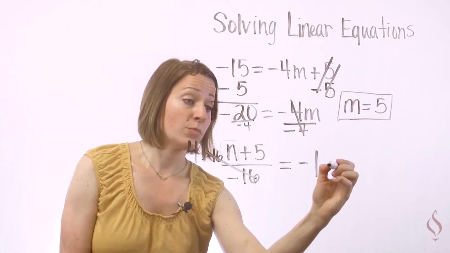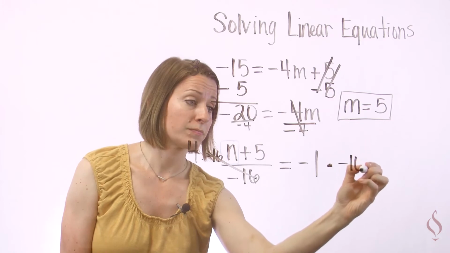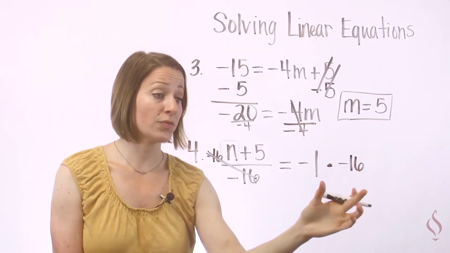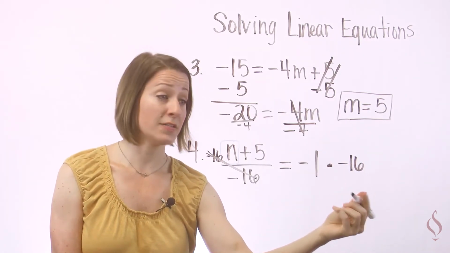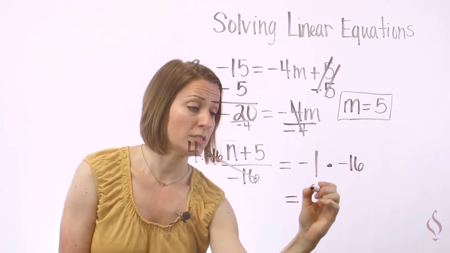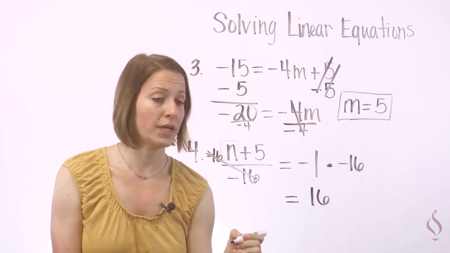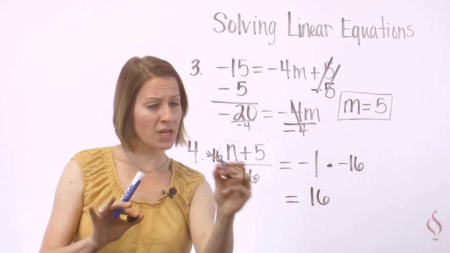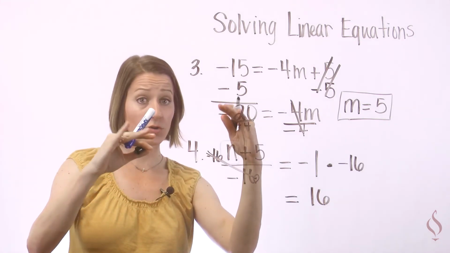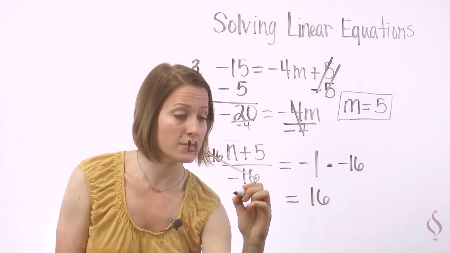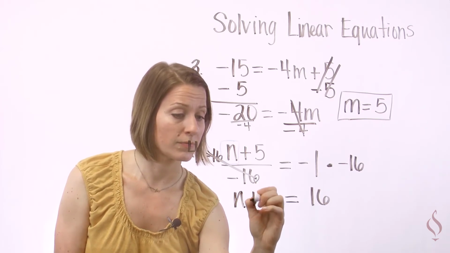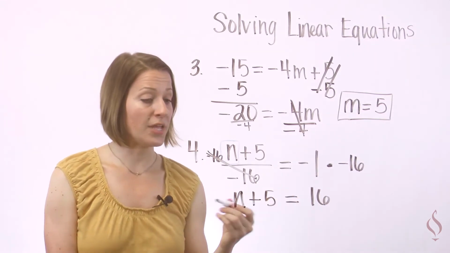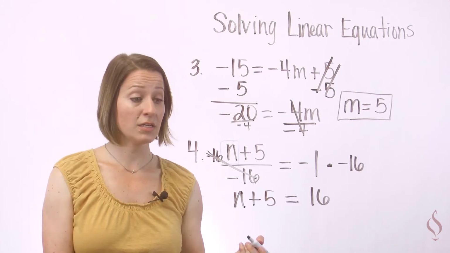But don't forget to multiply over here. So on the right side, negative 1 times negative 16 is a positive 16. Now that we have the denominator out of the way, our numerator can just come on down. So now we have n plus 5 equals 16.